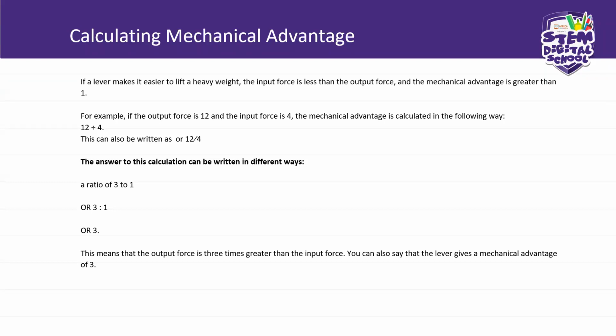So I get 3 as my output for an input of 1. So the answer for mechanical advantage can be a value of 3 or a ratio of 3:1.